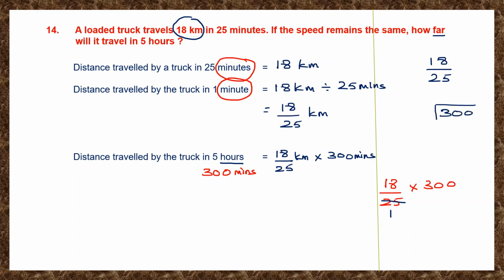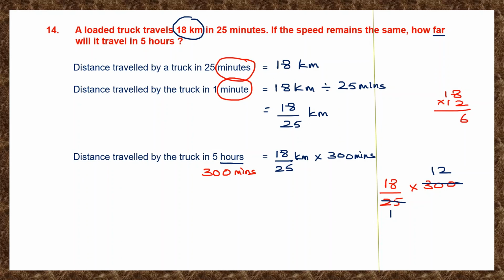We can divide 300 by 25. 25 ones are 25 minus, I can borrow here, 10 minus 5 is 5, 0, 50. 25 twos are 50. So that means 25 into 12 will give us 300. Now let's multiply the numerators. 18 into 12.